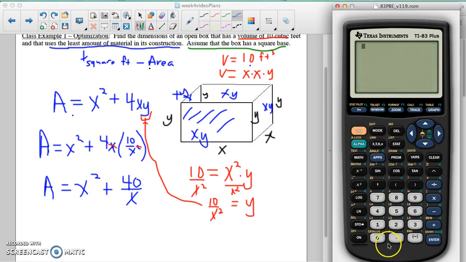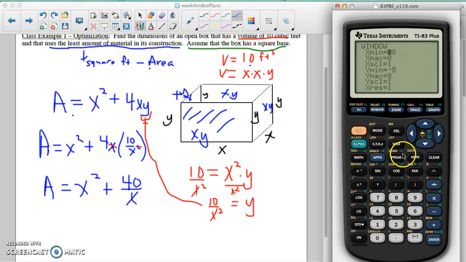So we're going to write x to the second plus 40 divided by x. We're going to take a look at that graph and see if we can find a minimum value. Now we would probably want to look at what values could we put in first. Since the volume is 10, I don't think that my dimensions are going to be any bigger than 10.